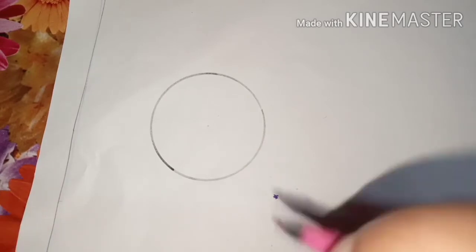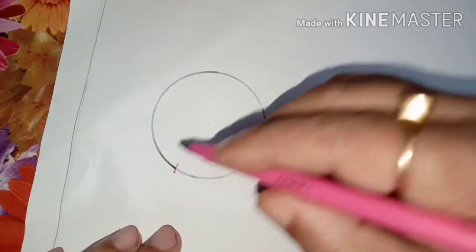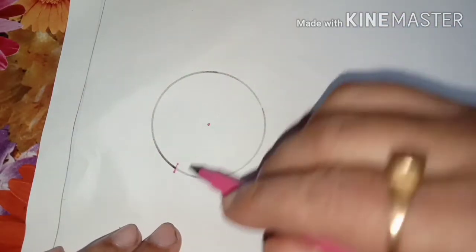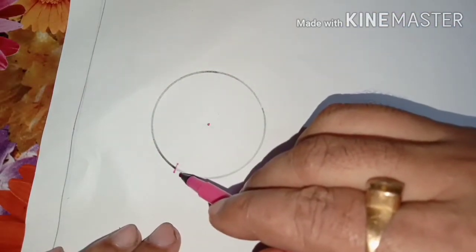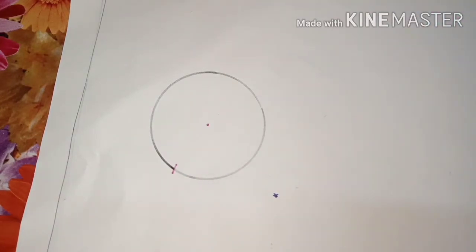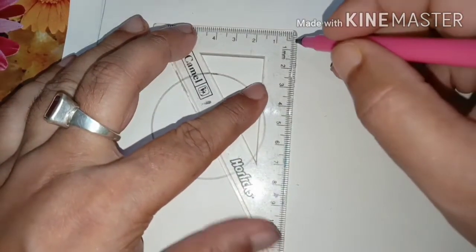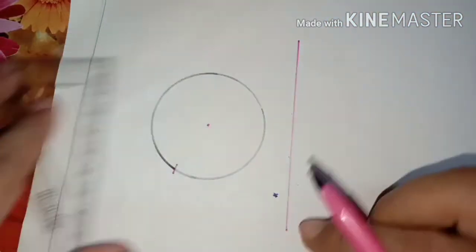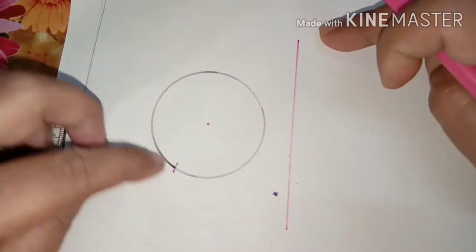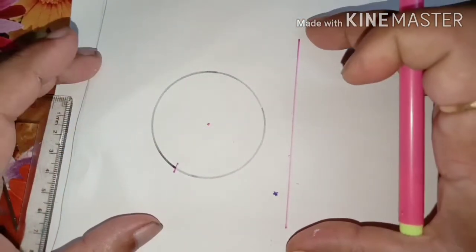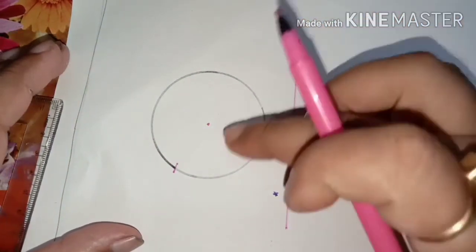Suppose the circle is made with a thread, and when the thread is cut at a point and stretched out, it gives a particular length. By this line I represent the distance around the boundary, that is, the length of the thread that you have used to make the circle.